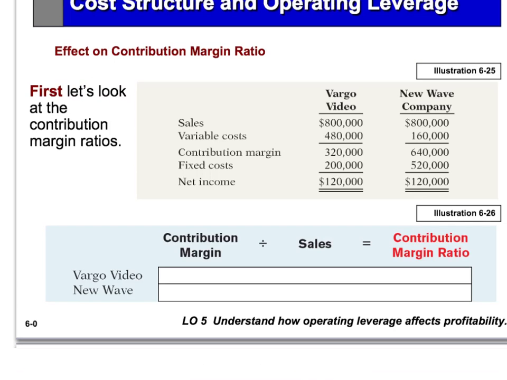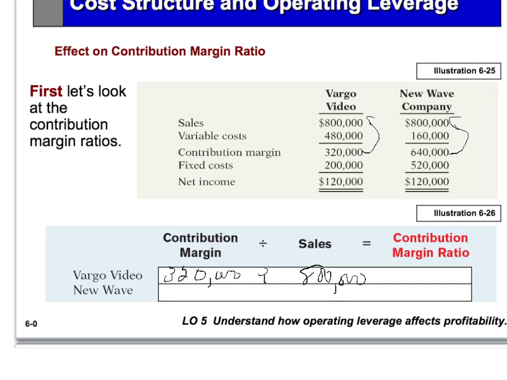Now let's examine the two companies. First, let's look at the relative contribution margin ratios. Now remember, the ratio is that percentage of contribution margin is of sales. So therefore, for Vargo, the contribution margin is $320 and sales is $800,000.